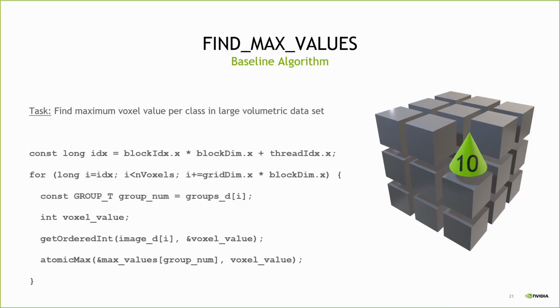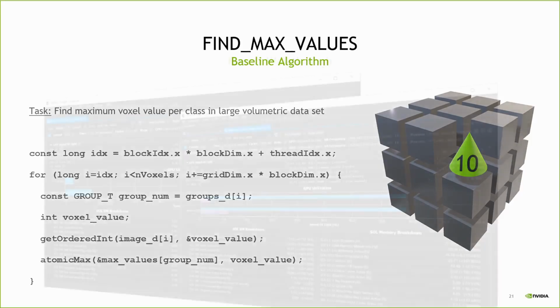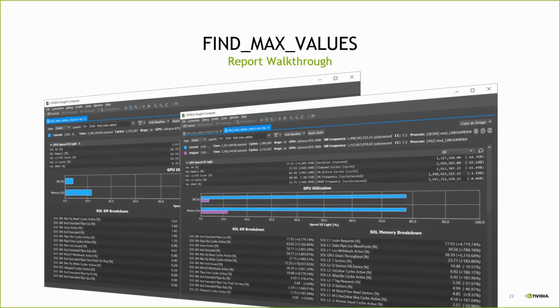So you can see, if I have several neighboring voxels that are members of the same group, they're all going to try and update that same target memory location in global memory, and that's going to create a performance issue. We want to come up with a better way of doing that, but this is the kind of thing you can find very easily using the Insight Compute tool. So we'll go into analyzing the original code, and then show you how we can make it better.